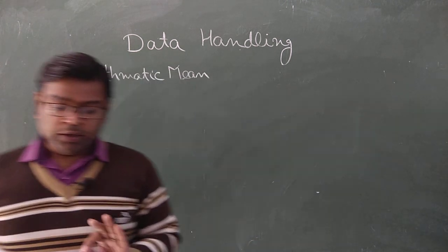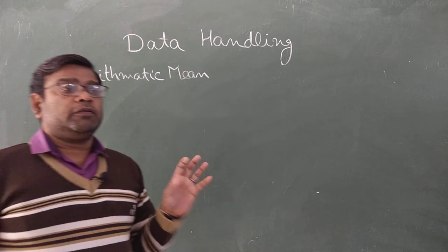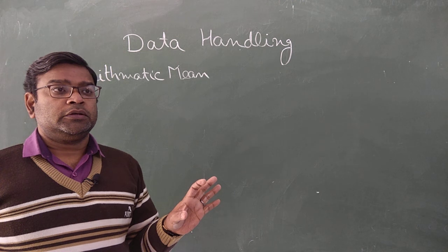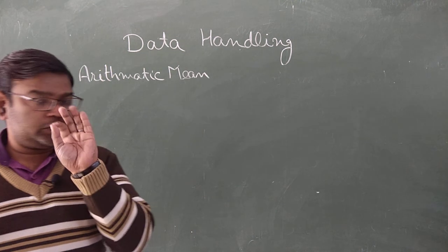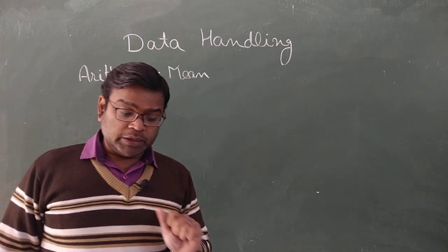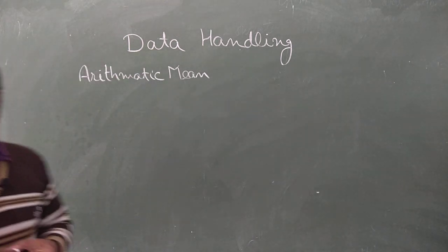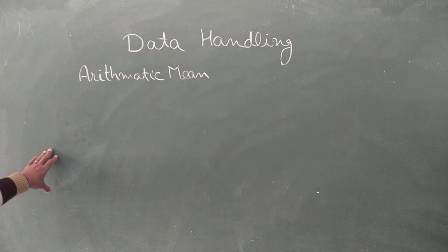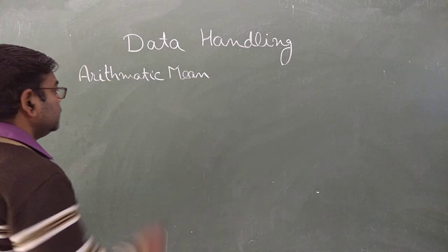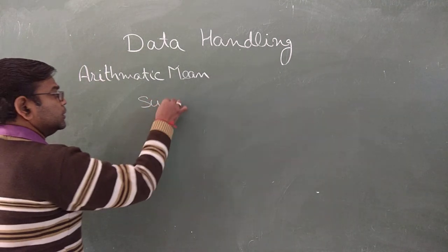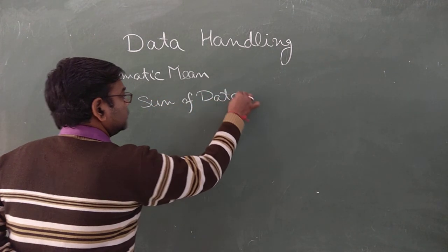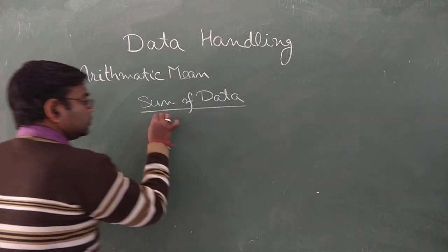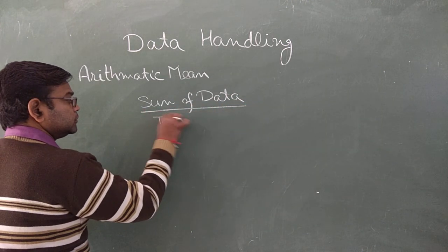The arithmetic mean of a set of data is found by dividing the sum of data by the total number of data. In very short, this is the definition.